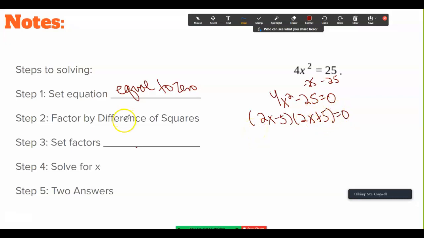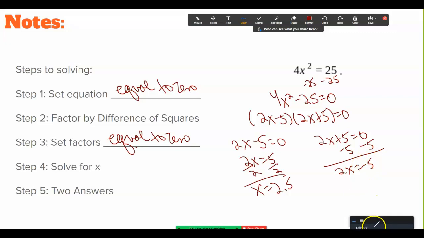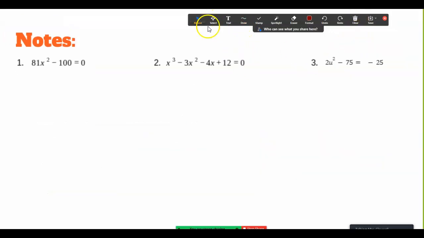Now using my zero product property, I can set each factor equal to 0. And I get 2.5 and negative 2.5.